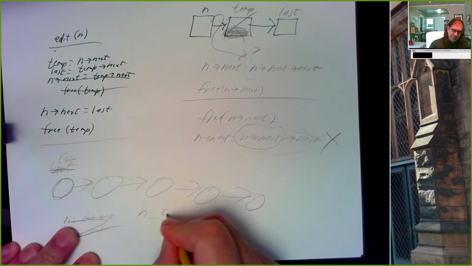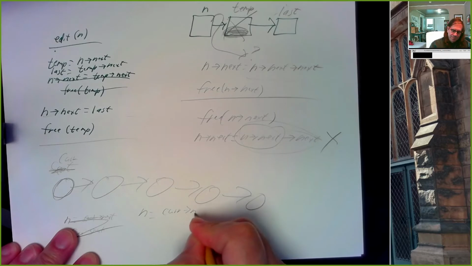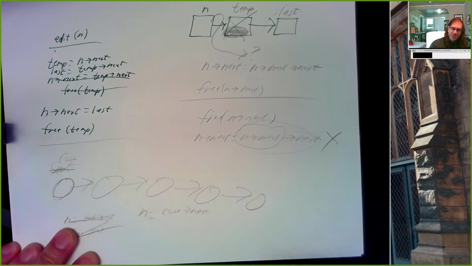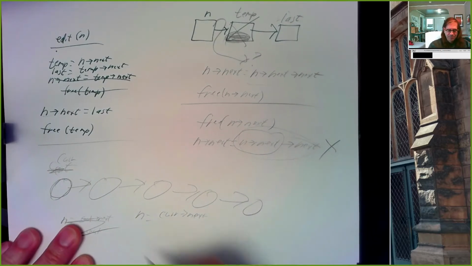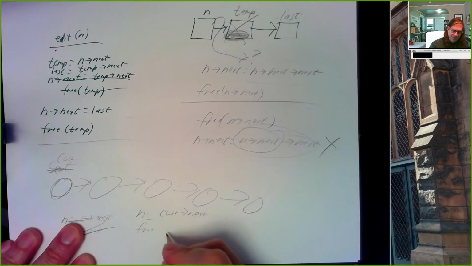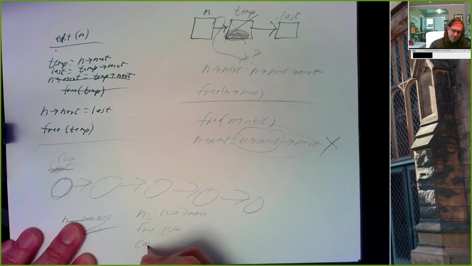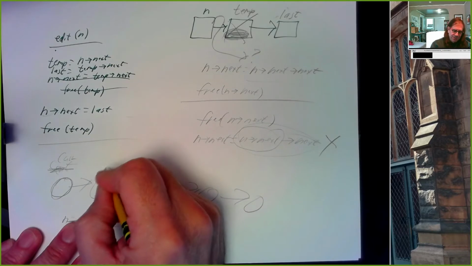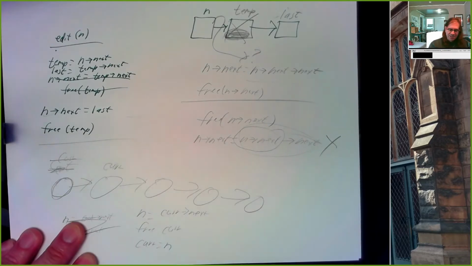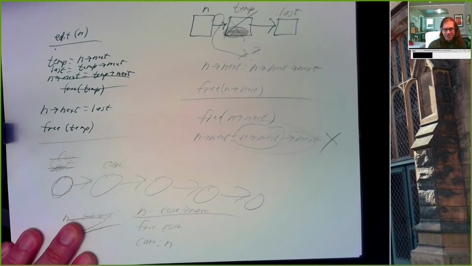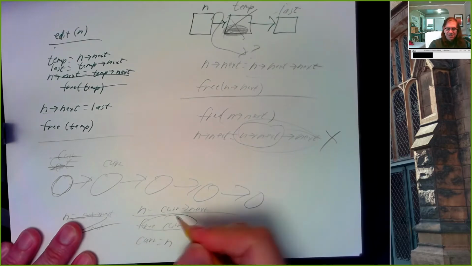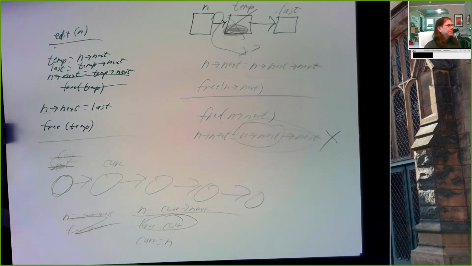So save the address of the next node, and then free the current node, and then set your current equal to that next node that you saved. And once you free current, you can't say current equals current arrow next. And that's a possible source of seg faults. So don't do this.